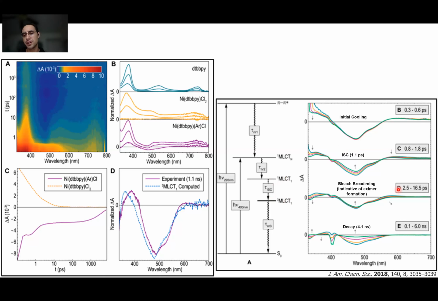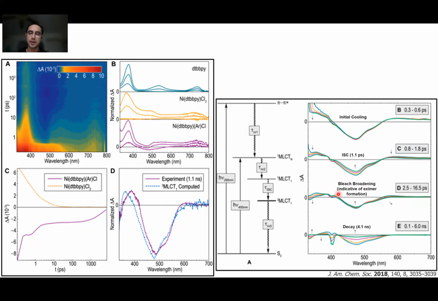So this would be the spin flip from the singlet excited state to the triplet excited state. They also noted that between 2.5 and 16.5 picoseconds they saw some bleach broadening, right? So it's that ground state bleaching signal contribution that I was speaking about earlier. They've noticed that it's starting to broaden, and they noted that this is indicative of the formation of an excimer, which I'll explain in a little more detail in the next couple of slides.